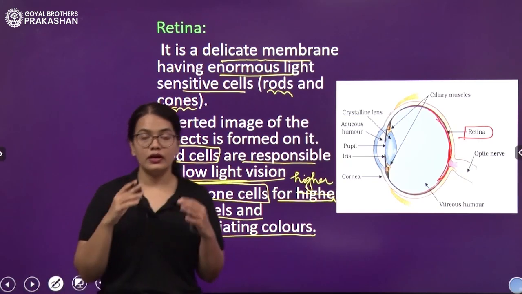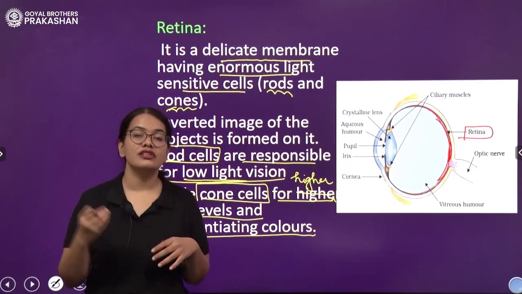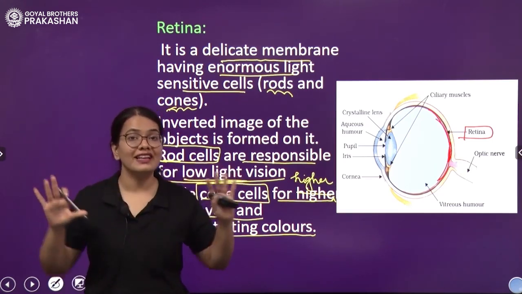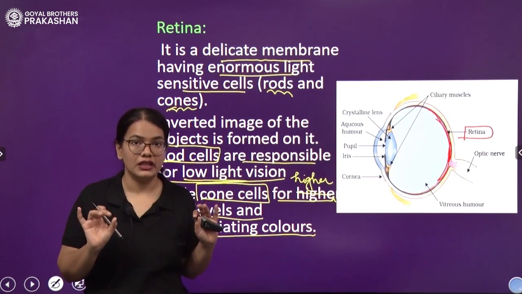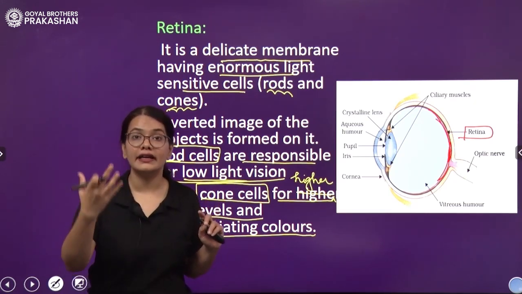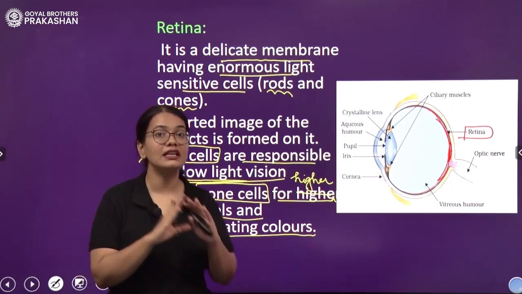Now, when you go in a place where light is very dim, right? Suppose at night you just have a 0-watt bulb glowing. So, it is almost very dark. You have very low light vision. In that case, it is the rod cells that help you identify the object, that helps in image formation of the object in the dim light.